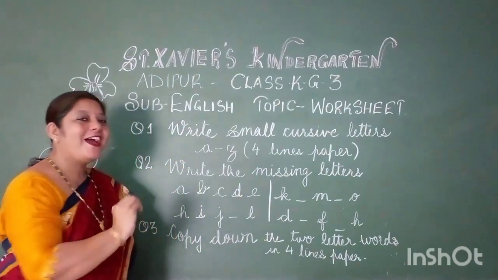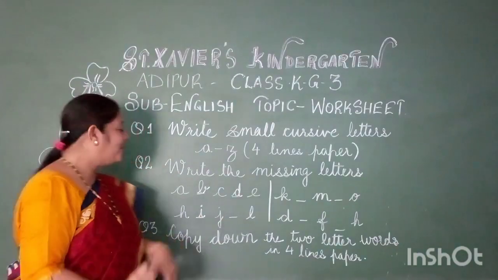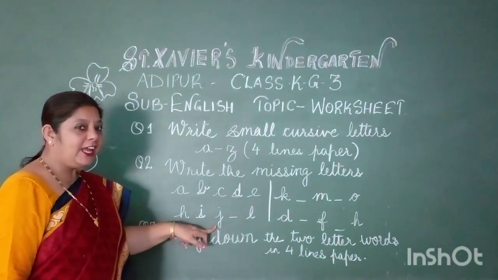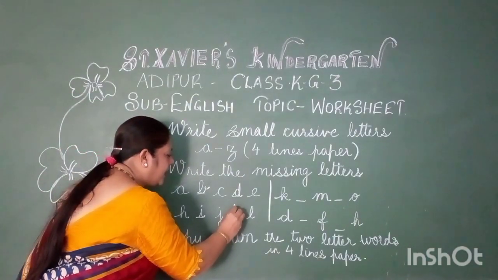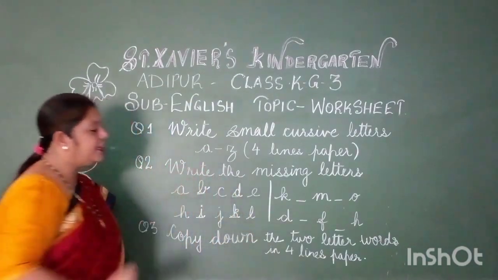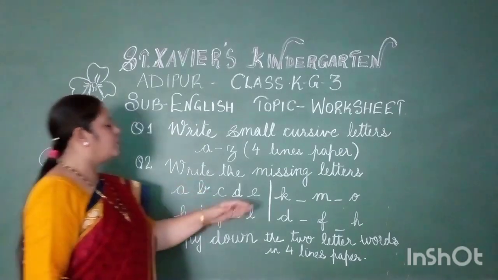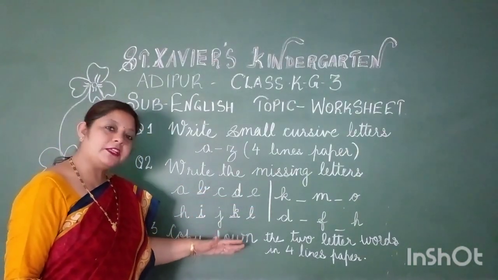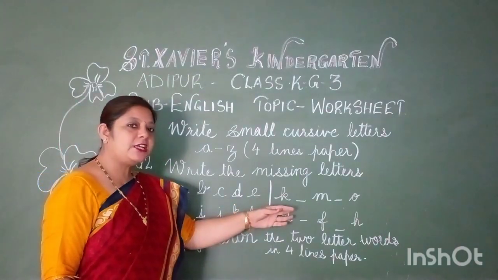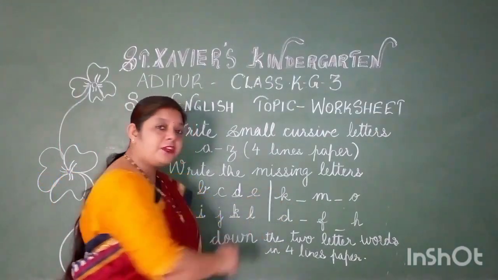Ice cream, I, igloo. Then J is there. What comes after J? It's K. Then L is already there. Now you have to do likewise. उसके नीचे भी हैं, आप करते जाएंगे. Come towards the next side of the line. What comes after K?